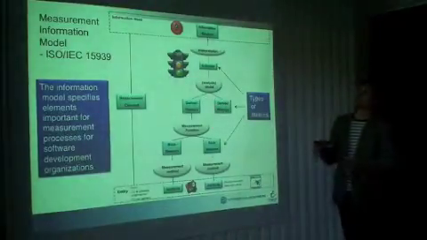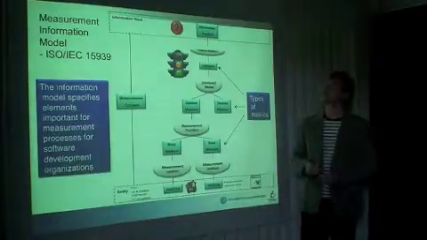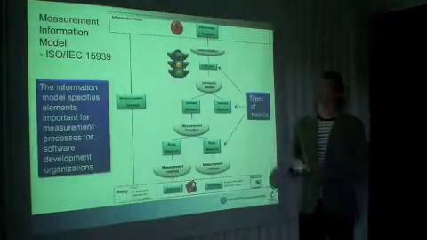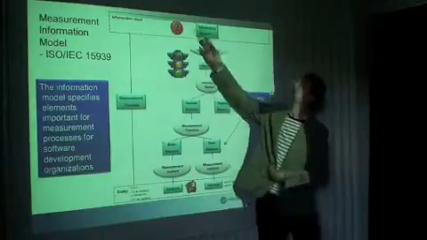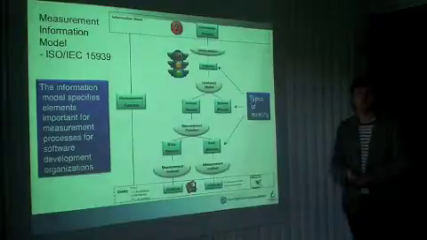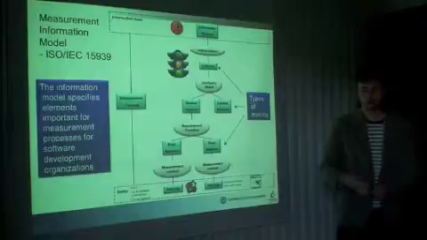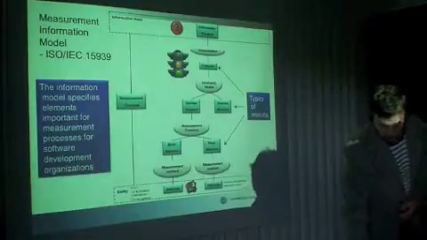Another important aspect of the indicator is that every indicator, which is a specific kind of measurement, is defined for a specific purpose, for an information need, which is usually defined as a question which a stakeholder poses. We will now look into examples of the kind of questions that could occur.